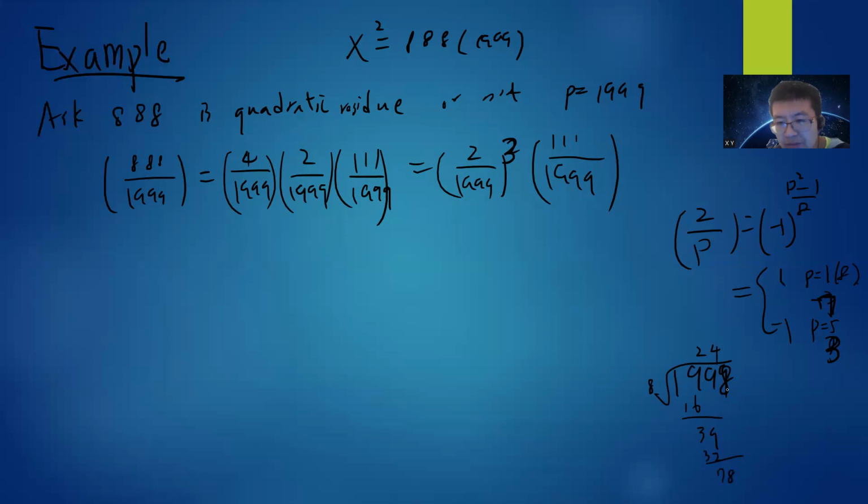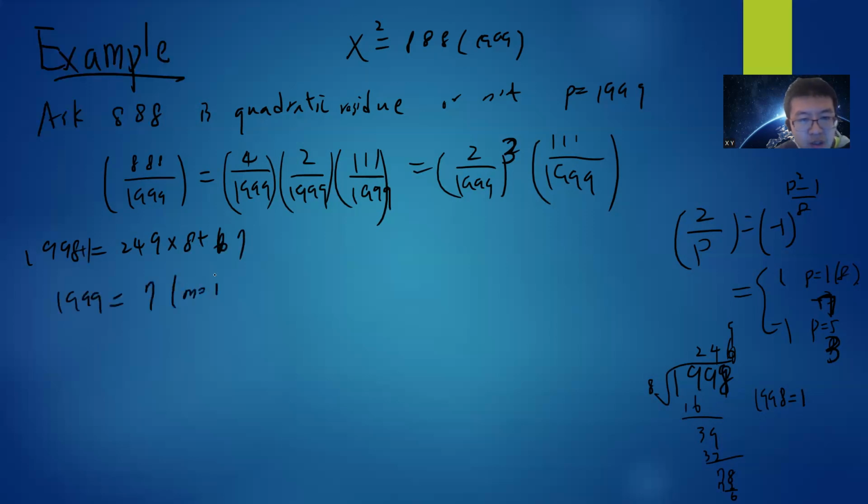Let's see, we got 1998 equals 249 times 8 plus 6. So if I add 1, then I get that 1999 is 7 mod 8. Okay, so it's minus 1 mod 8.